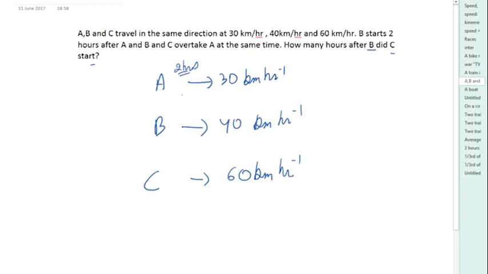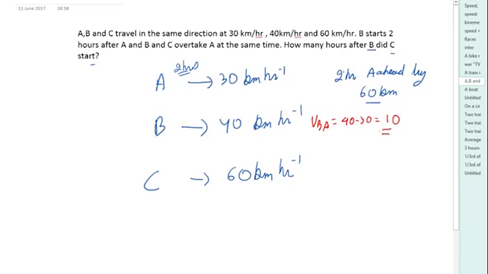So let's check how much head start A had over B. In 2 hours, A would have covered 60 kilometers, right? A is ahead by 60 kilometers. So B needs to cover 60 kilometers to get at par with A. The velocity of B with respect to A is 40 minus 30, or 10.